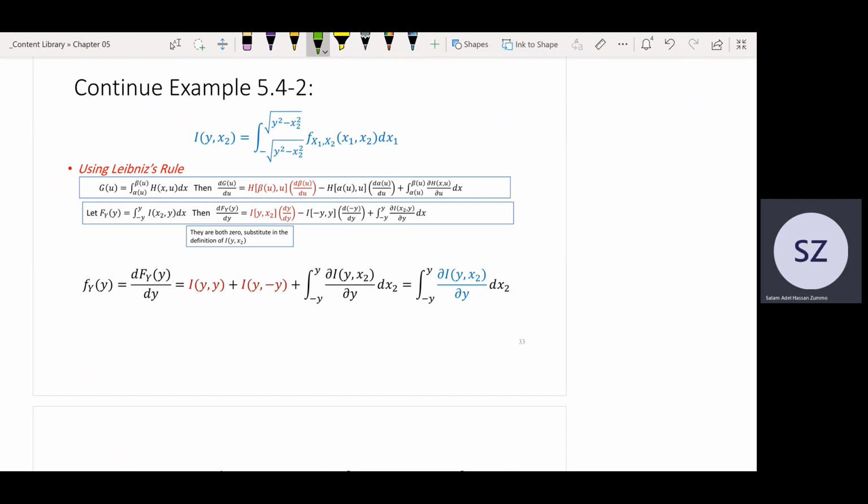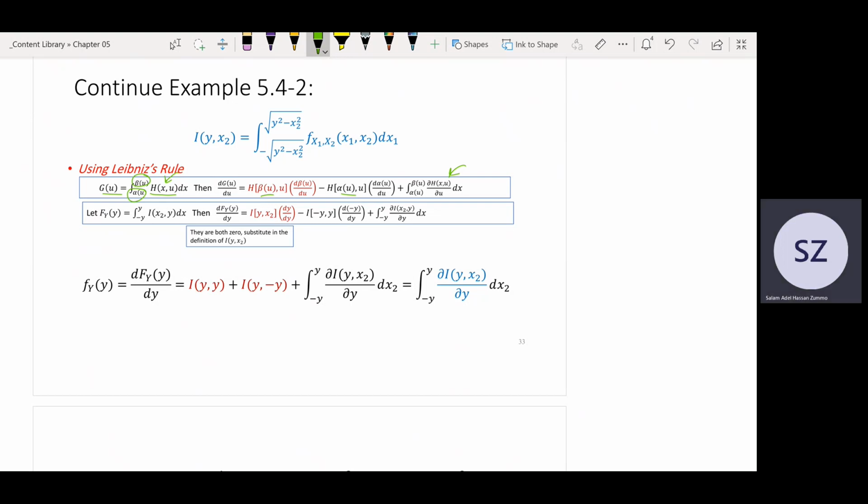Now, what does Leibniz say? If I have a function of u, where u comes in the limits of the integral of another function of x and u, then the derivative will be the same function I am integrating evaluated at the first limit, multiplied by the derivative of the first limit, minus the same function evaluated at the second limit, multiplied by the derivative of the second limit, plus the integral of the derivative of the function between the same limits.